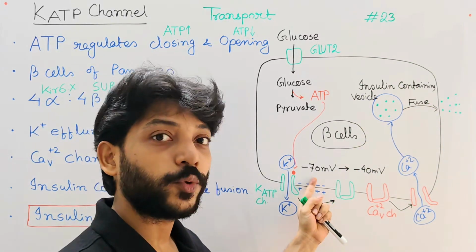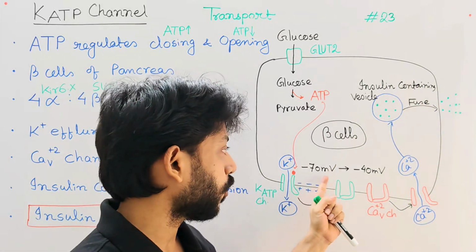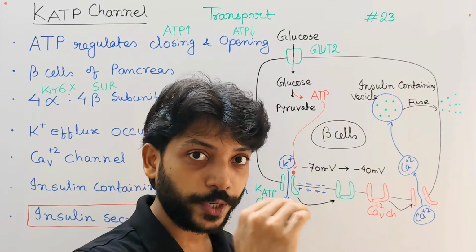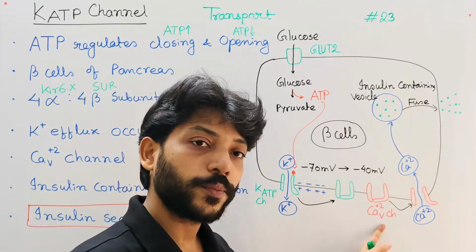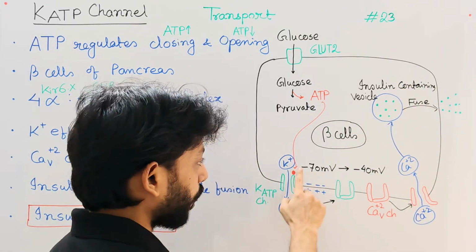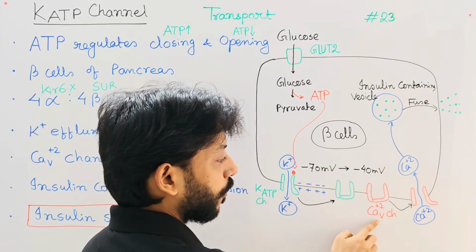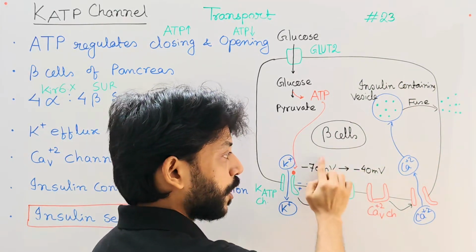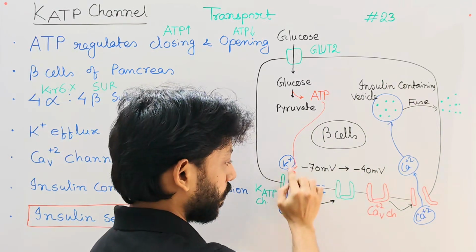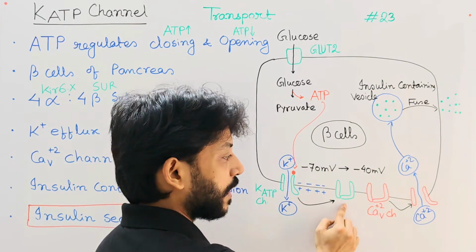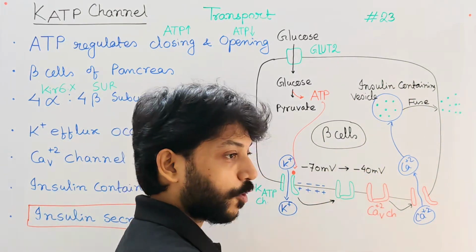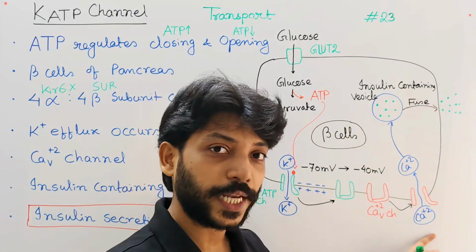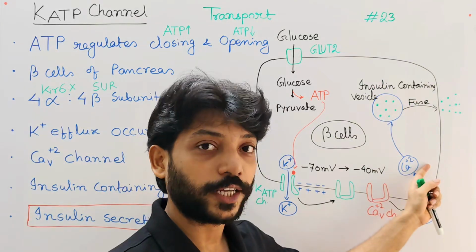So the membrane potential will rise from -70 millivolt up to -40 millivolt, and at this threshold the voltage-gated calcium channels open, because at -70 millivolt the calcium channels remain closed. But when the potential increases by this closing of the potassium channels, then at -40 millivolt the calcium channels open, and through these calcium channels calcium influx occurs.